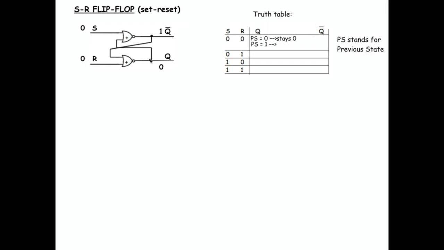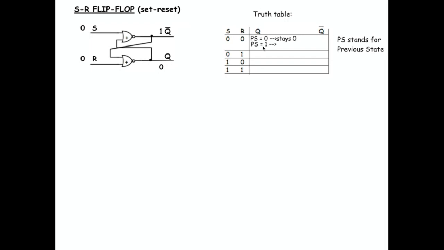However, what happens if the present state of Q is 1? So let's go. We go 1 from Q, goes here. S is 0, so 1 or 0 is 1. The opposite of 1 is 0. Then we follow it here. 0 or 0 is 0, and then complement of 0 is 1.